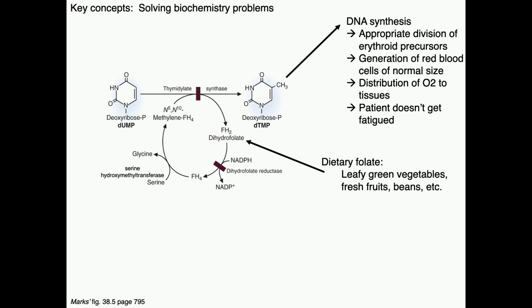Bacteria need to make it, and then we need to eat those, and then that's how we get it. Okay, so this is an example of a vitamin precursor that's required for normal physiology. And where we get the folic acid, mainly in leafy green vegetables, but also in yeast and a variety of other sources. Okay, so this is the normal physiology, all right?